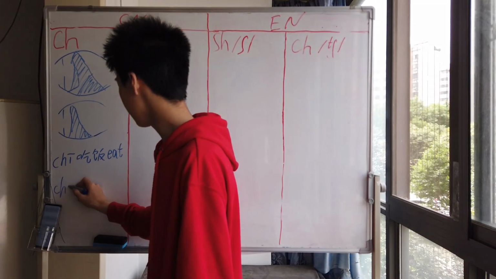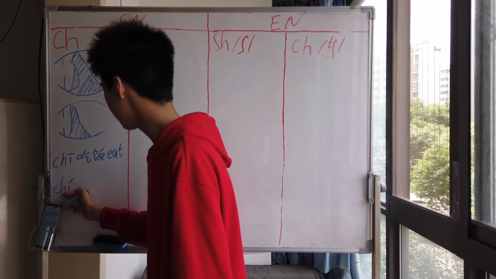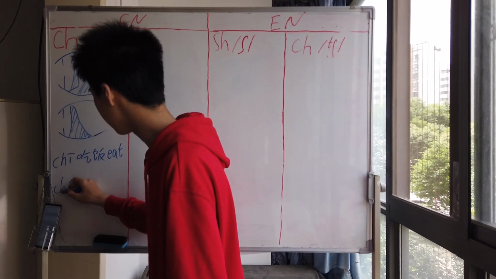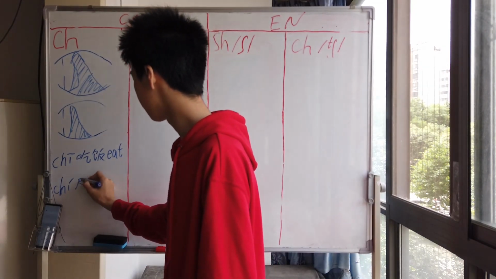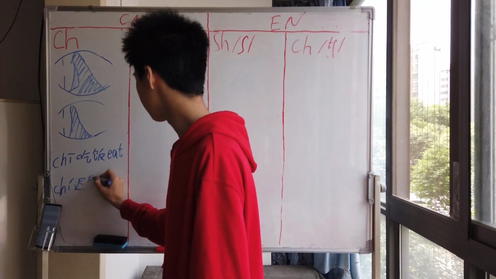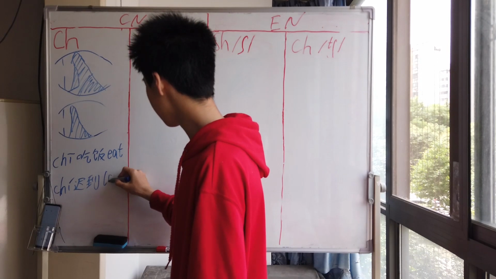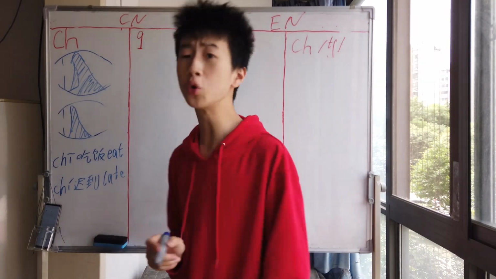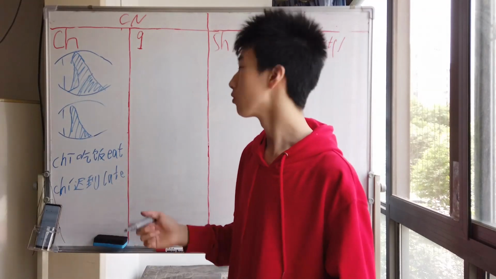But anyway, then there is the 迟到, and that means late. I'm late for school: 我迟到了. So let's pronounce these two again.